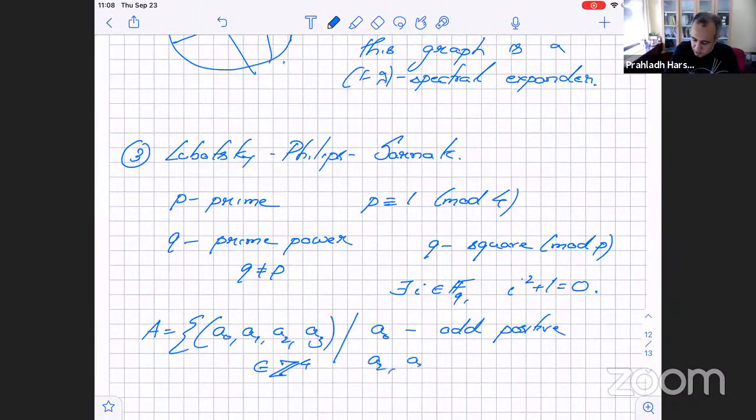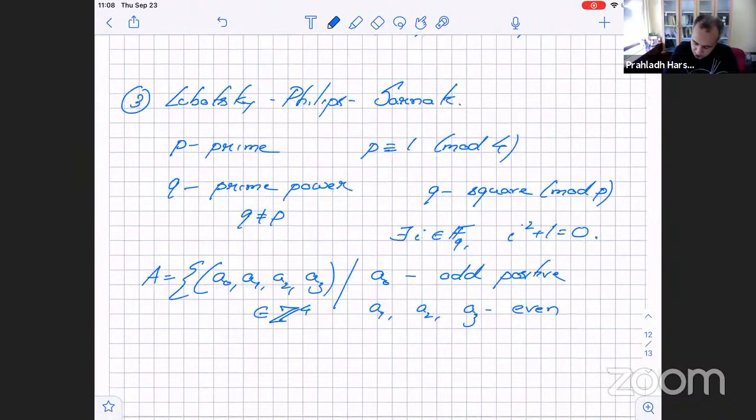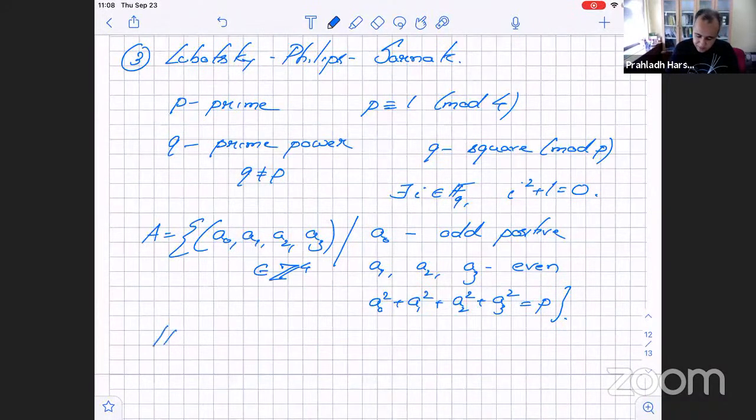A1, A2, A3 are even integers, and their sum of squares is P. What is known is that the number of such A's is actually P plus 1. This is sort of known.